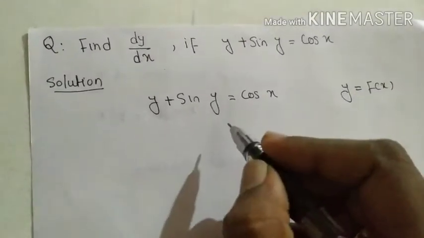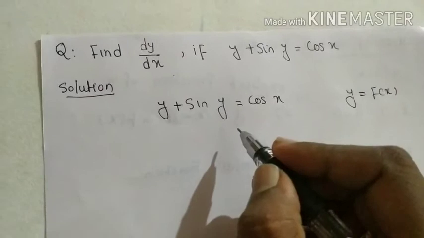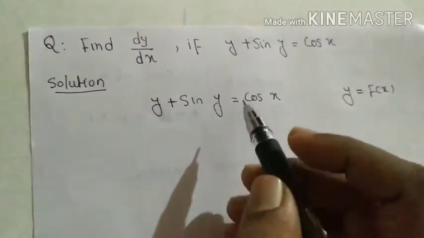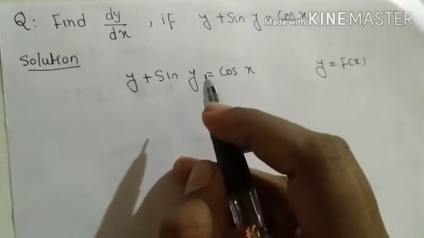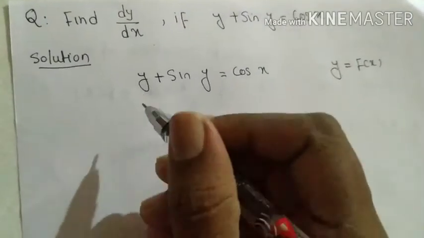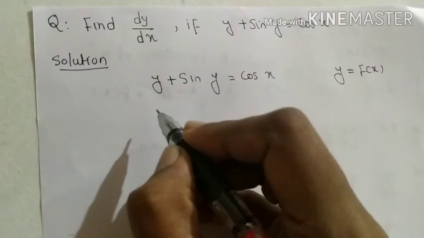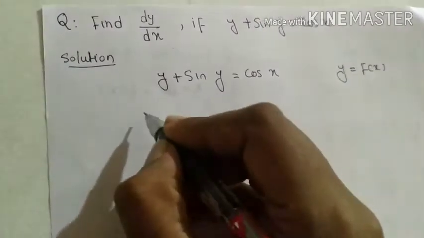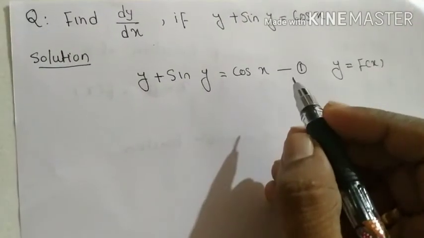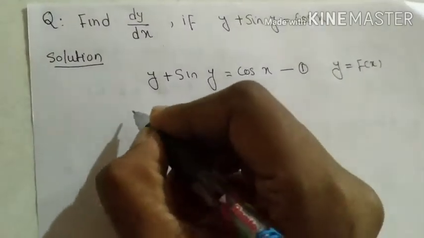Right. So this is an implicit function. So let's start to find dy by dx. In this question we need to differentiate with respect to x on both sides.